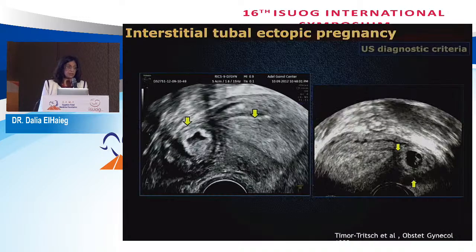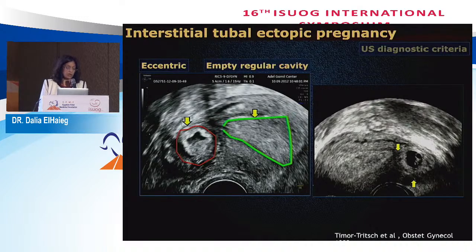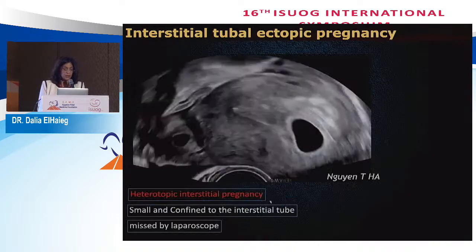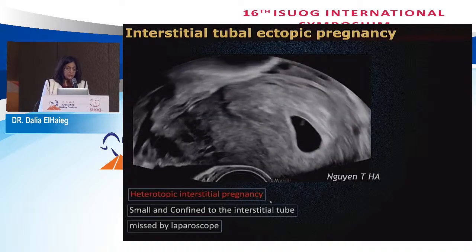So how can we see it in ultrasound? The ultrasound criteria include an eccentrically located gestational sac. It's within the tube, within the myometrium at the region of the fundus. We have to be sure that it is separate from the uterine cavity by intervening myometrium, and it should be surrounded by at least a thin layer of myometrial mantle, and this is how we will differentiate it from isthmic tubal pregnancy.